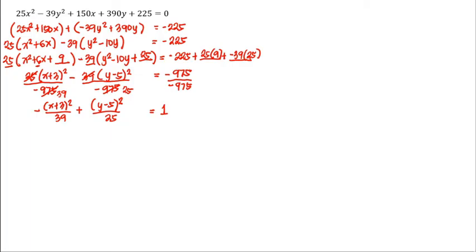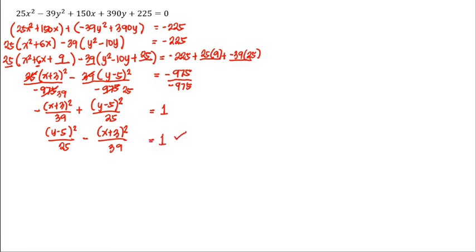This is not yet in standard form since the first term is negative and the second term is positive. So what we are going to do is to rearrange this one. We must have a positive term first. So this will be y minus 5 quantity squared over 25 minus x plus 3 quantity squared over 39 equal to 1.